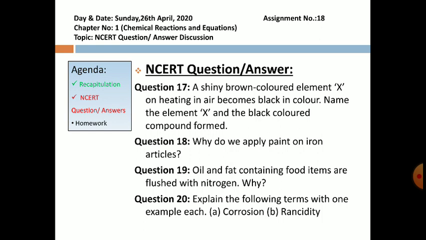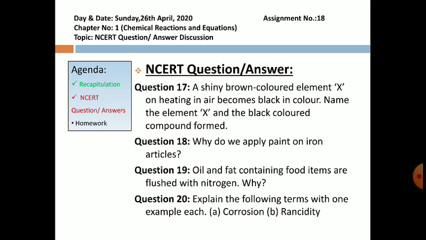Coming to the last question, explain the following terms with one example each: corrosion and rancidity. Corrosion is defined as a process where materials, usually metals, deteriorate as a result of chemical reaction with air, moisture, chemicals, etc. These chemicals may be acids or bases.